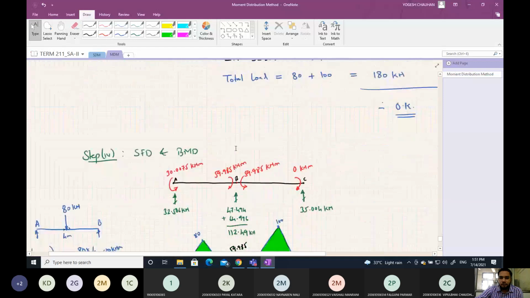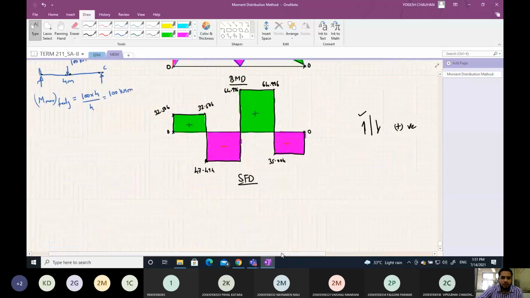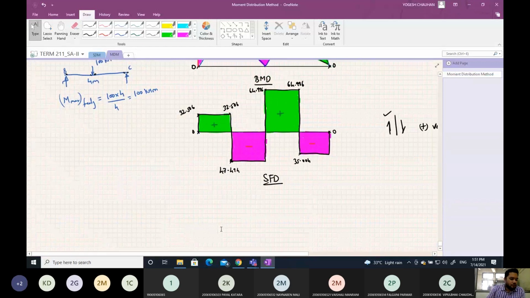Now we'll take one more example in which we have the overhang case. We have a beam with overhang.